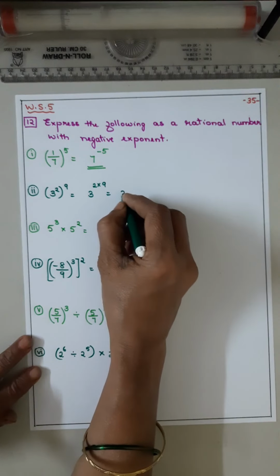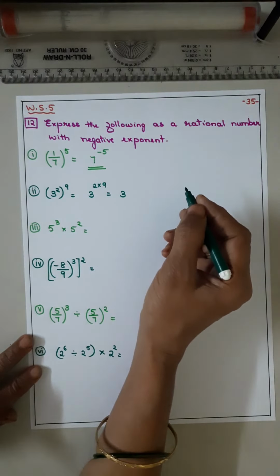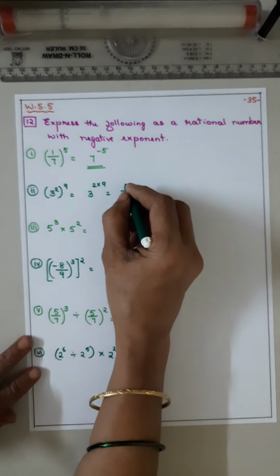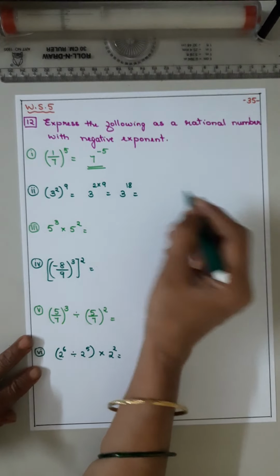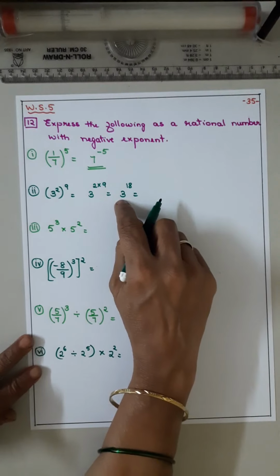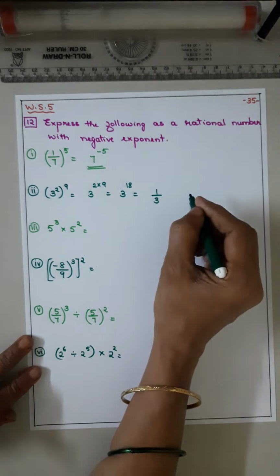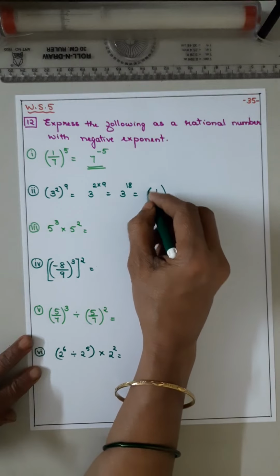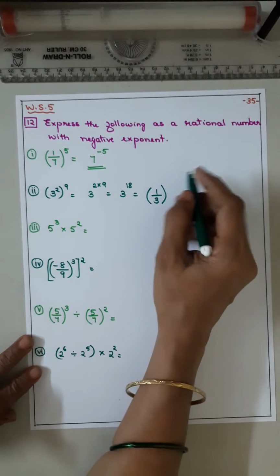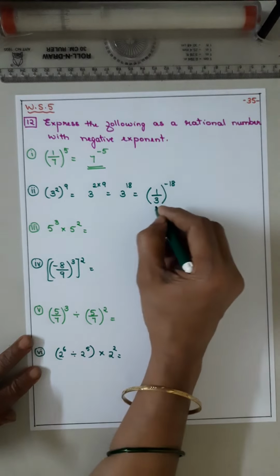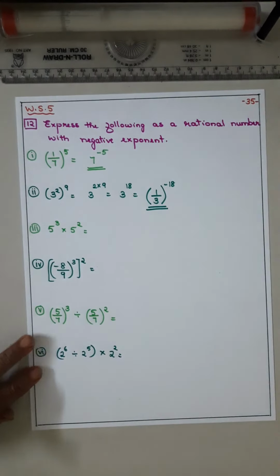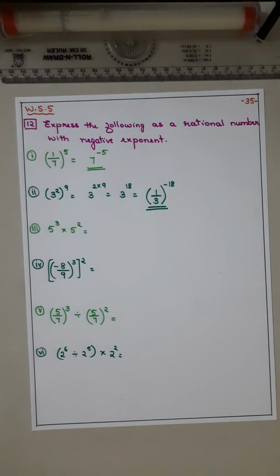So it became 3 to the power 9 2s are 18. अभी पॉजिटिव पावर है तो क्या करने का, बेस को रेसिप्रोकल, 3 का रेसिप्रोकल 1/3, द होल रेज टू, पावर इज 18, नाउ इट बिकेम -18. So the answer is (1/3) the whole raised to -18.